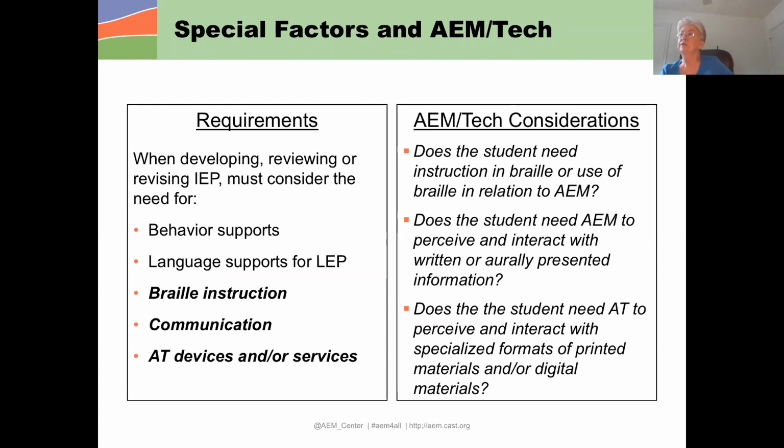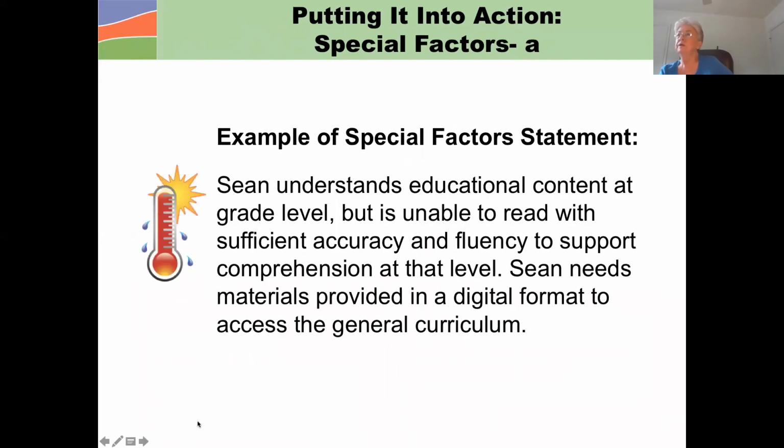So let's look at the considerations. I think I've already spoken to each one of those. And then in the next slide, we have the example of the special factor statement that this is kind of reiterating things we've already said about Sean.